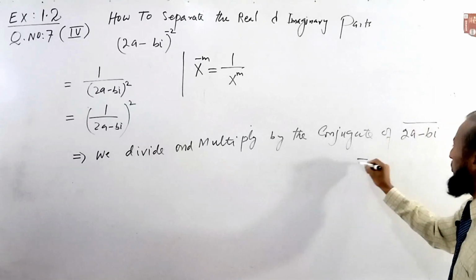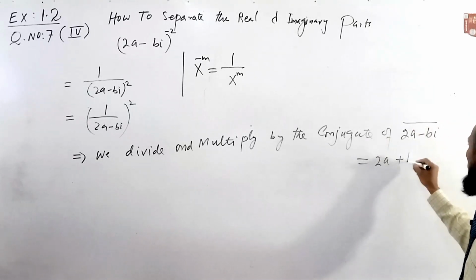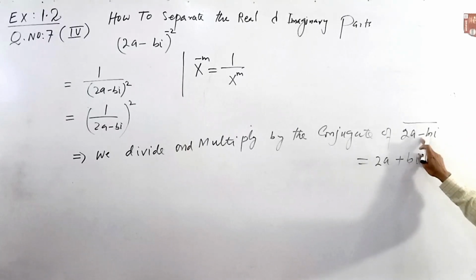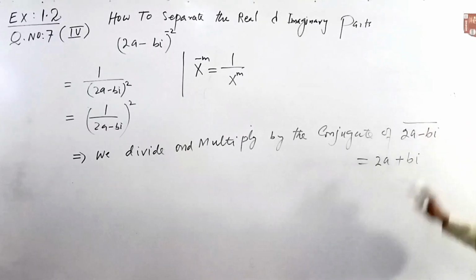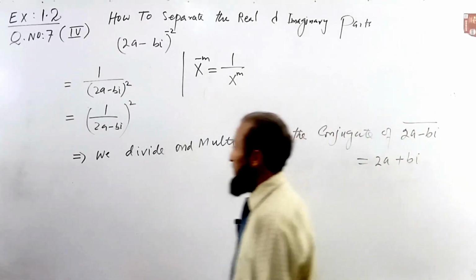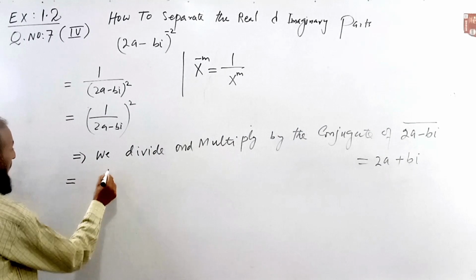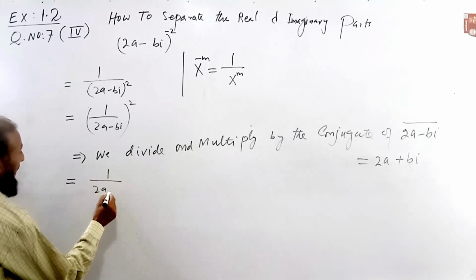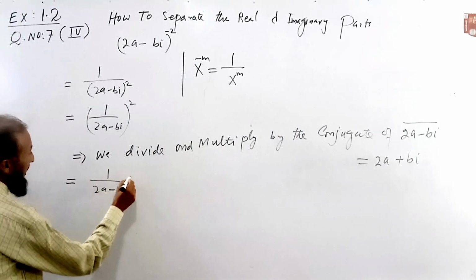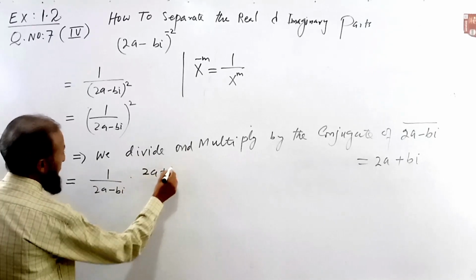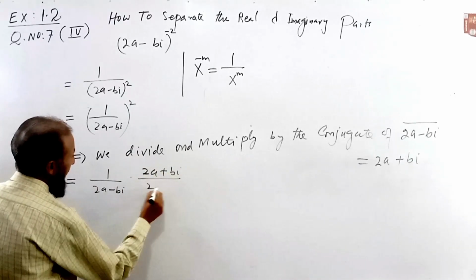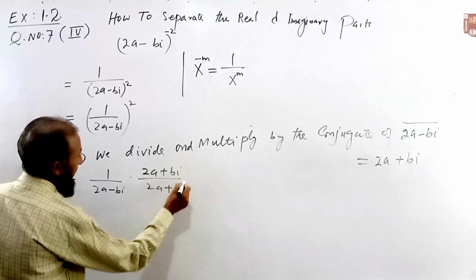The conjugate is 2a plus bi, so the sign is changed into positive. Now this term is reduced to 1 divided by (2a minus bi), times (2a plus bi) over (2a plus bi).